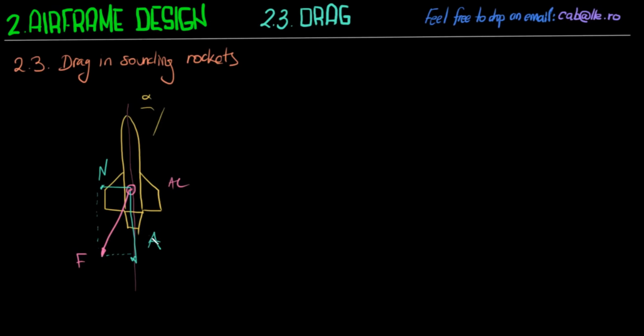The axial drag, in the literature, you're probably going to find it with a D, and the non-dimensional form is CD0. I believe this comes from the drag at zero angle of attack.